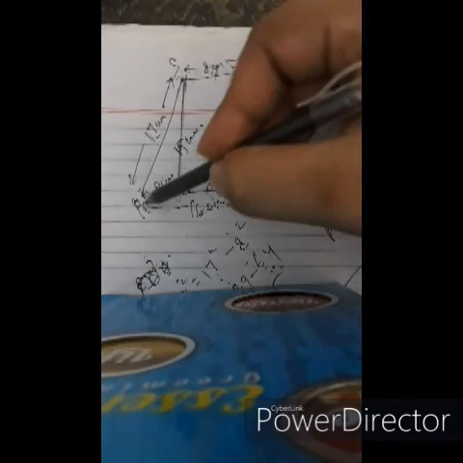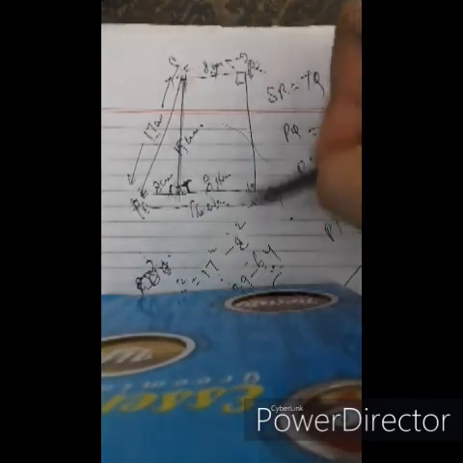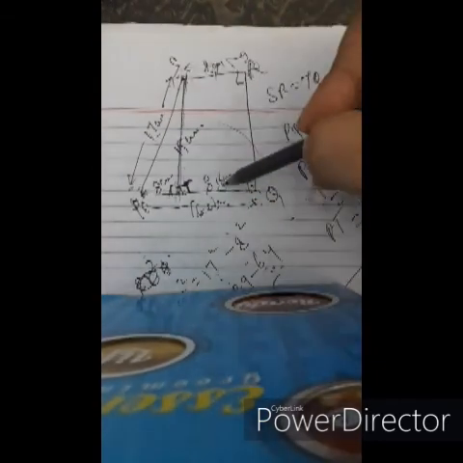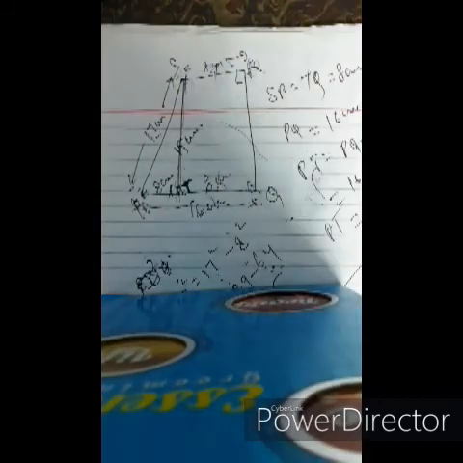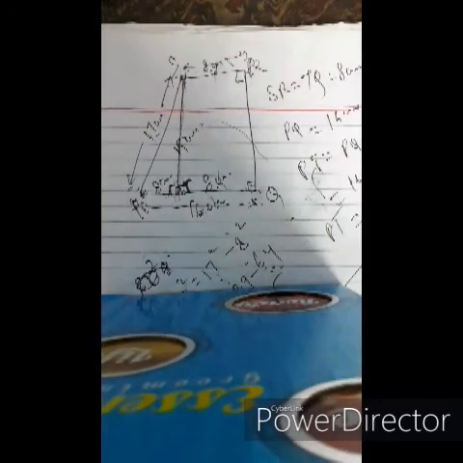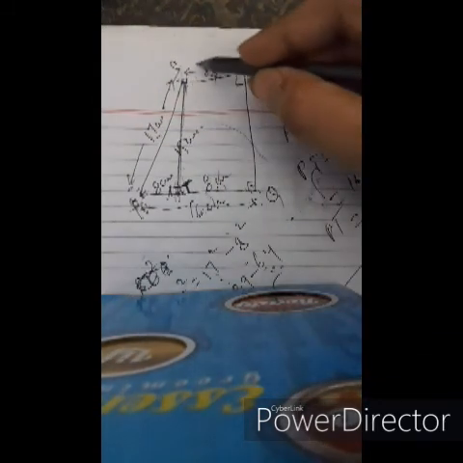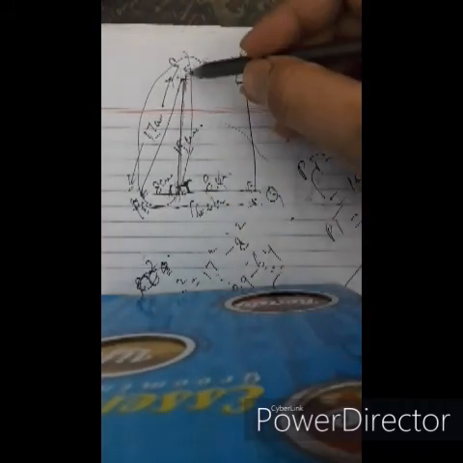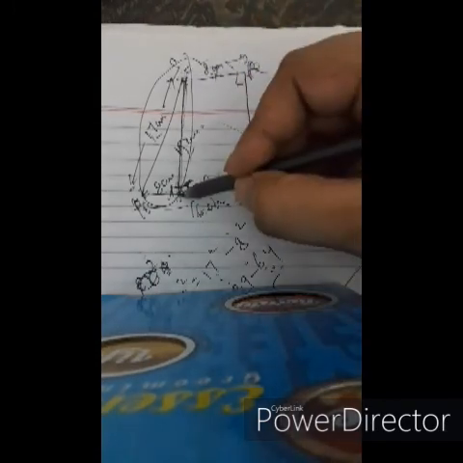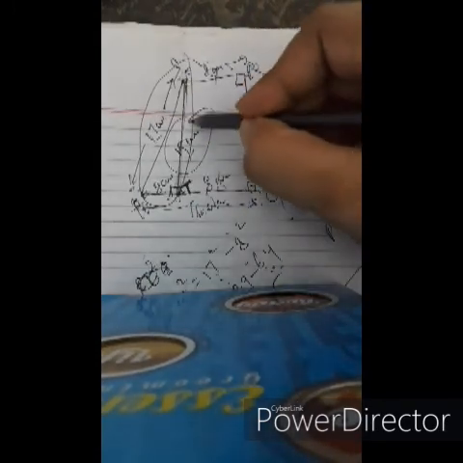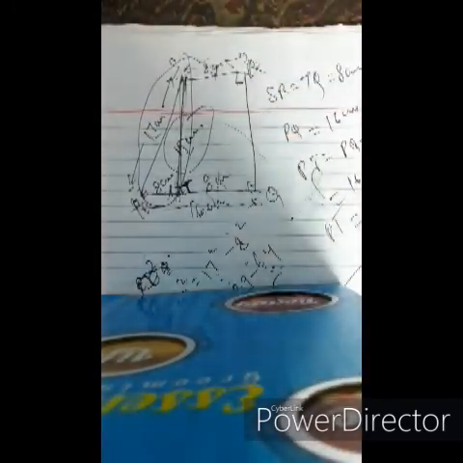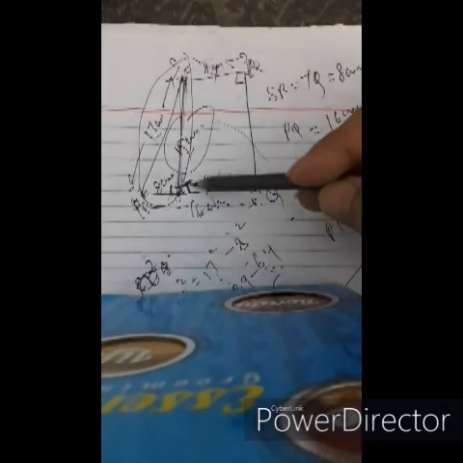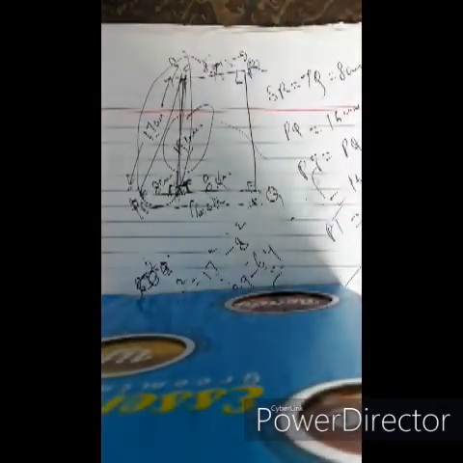PQ is 16 centimeter, so PT also becomes 16 minus 8, that is 8 centimeter. Now taking this triangle, by applying Pythagoras theorem, we find the side ST as 15 centimeter, which is the height of the trapezium, the distance between the two parallel sides.